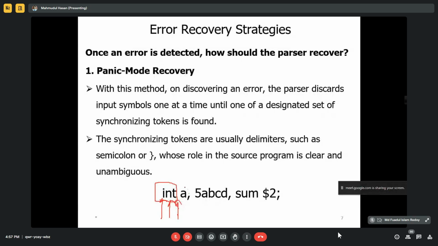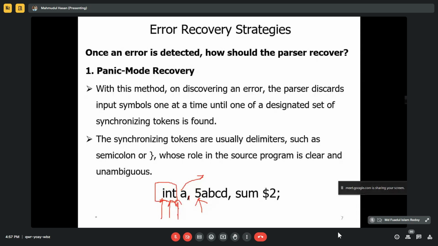Then A. It is the data type, then A is the identifier, so no problem. Then this comma. After this, it will get 5. But according to the definition of the language, after a data type there should be an identifier, and the rules of an identifier say it doesn't start with a digit. When your compiler finds 5 here, it will go to panic mode.